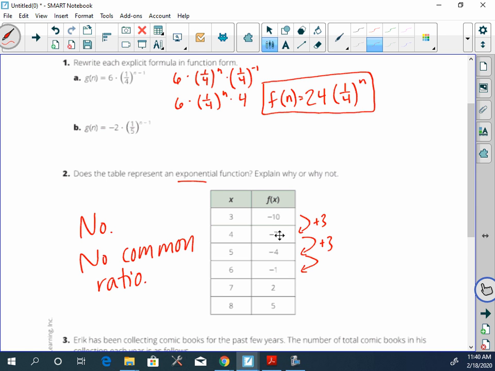Okay, this actually has a common difference of 3. So it would actually be linear in this case. Okay, the common ratio would be like if we multiply by 3 each time, then it would be exponential.